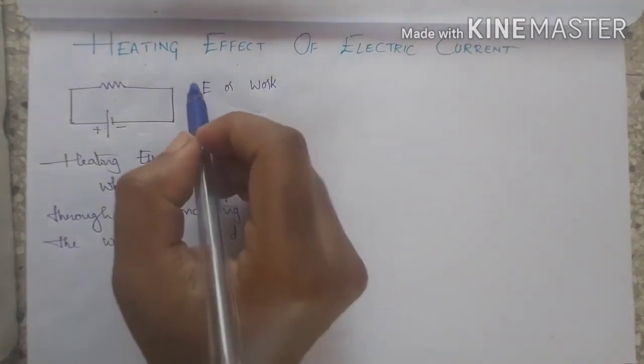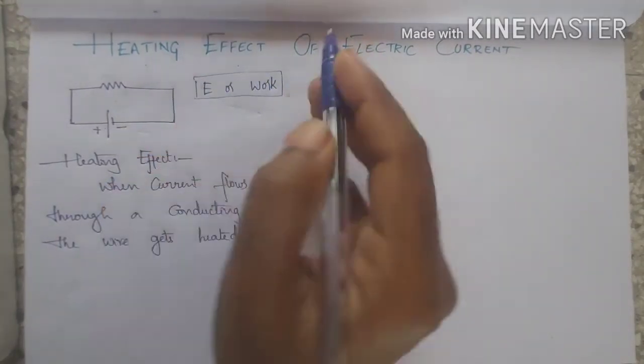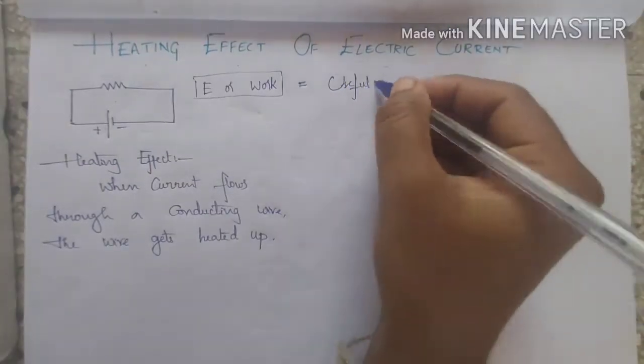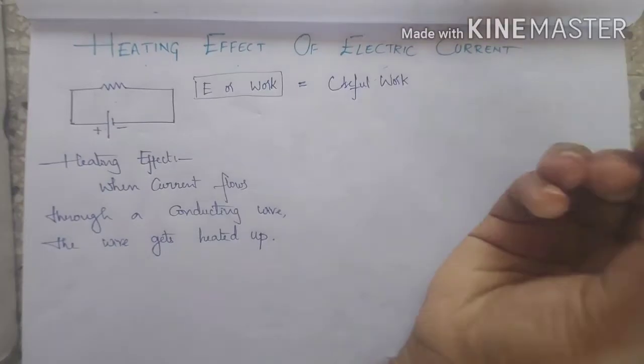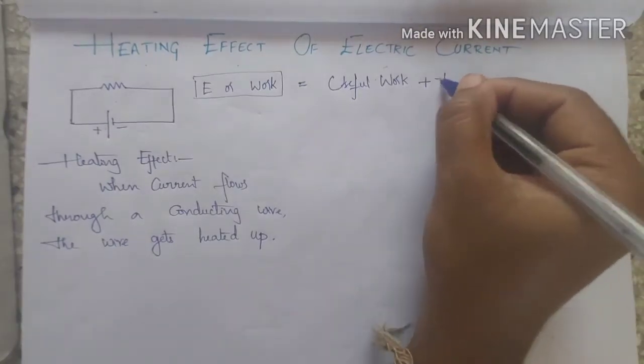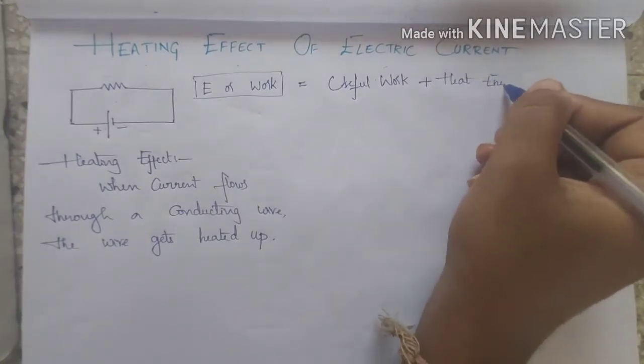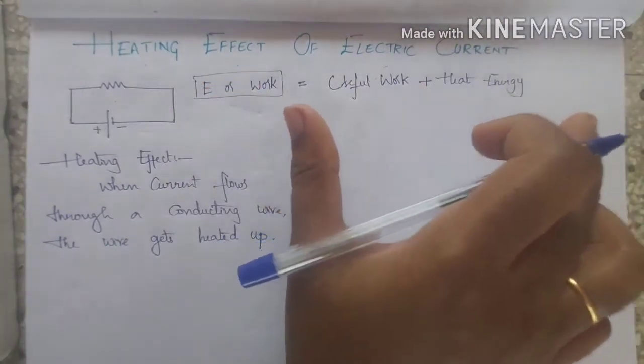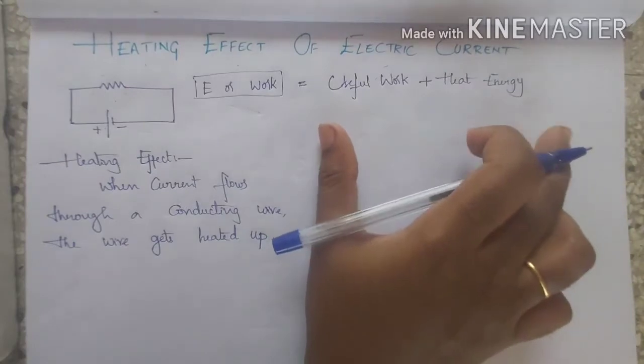So here the work that's been generated by the cell is taken as useful work, or the work done by the resistor, plus heat energy. This is applicable for all the appliances that work on electrical energy.